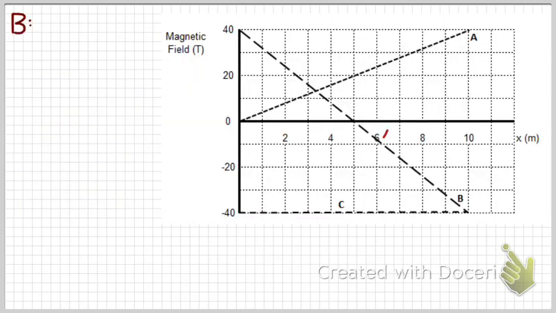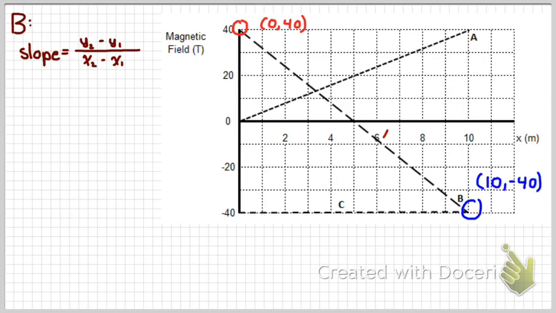Finding the slope of line B, do the same thing. Start out by writing our formula. Pick 2 points. I'm going to pick the first and last point for this example. Figure out what the coordinates are, and substitute. So in this case, my y2 is negative 40, my y1 is 40, x2 is 10, x1 is 0.